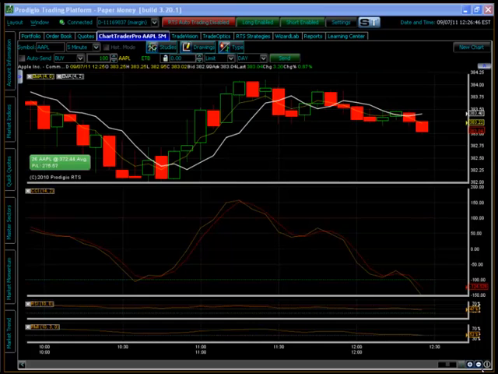And you can consider this a percent. However, the values can exceed 100%, and they can exceed negative 100%.